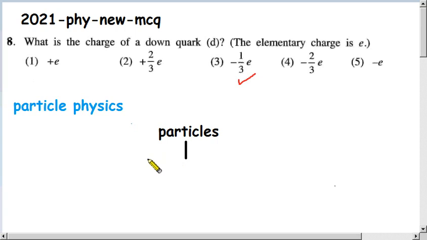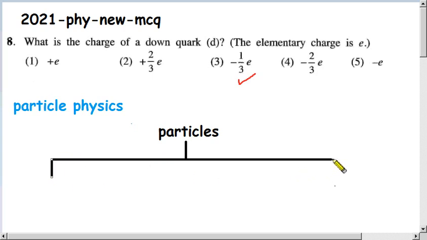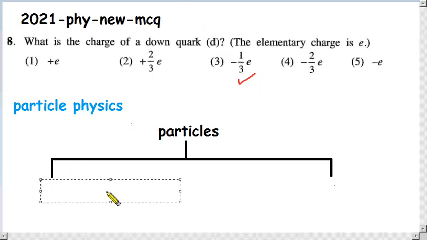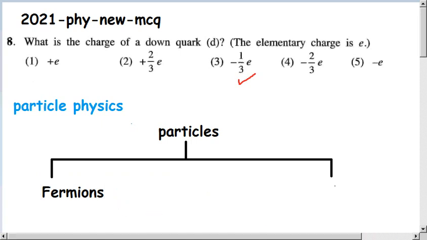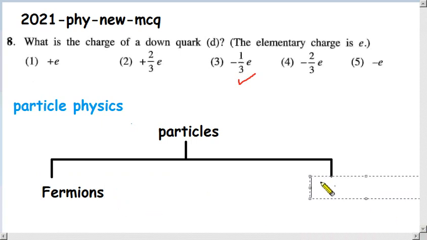These elementary particles are divided into basically 2 groups. There are 2 types of particles. One is called fermions, F-E-R-M-I-O-N-S, the other is called bosons.